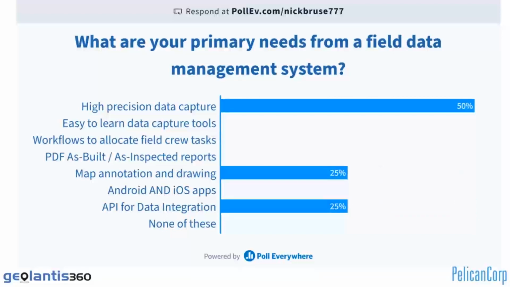I can see more things coming through now. All right, so it looks like high precision data capture is one of the key things there. Oh no, APIs for data integration is trying to catch up. I feel like a horse race caller at the moment.